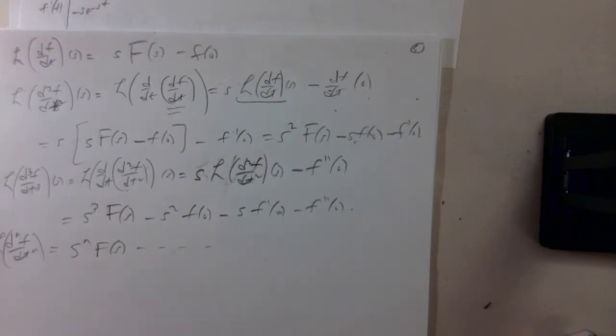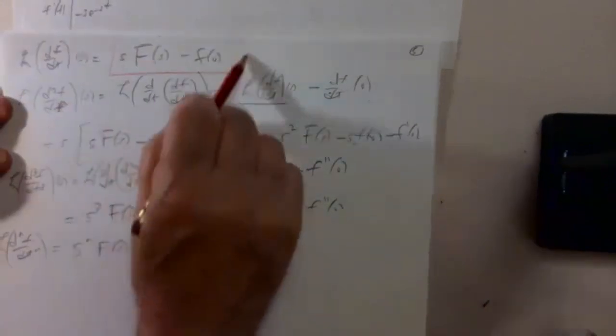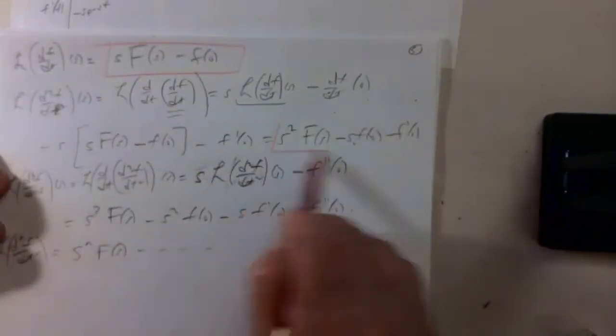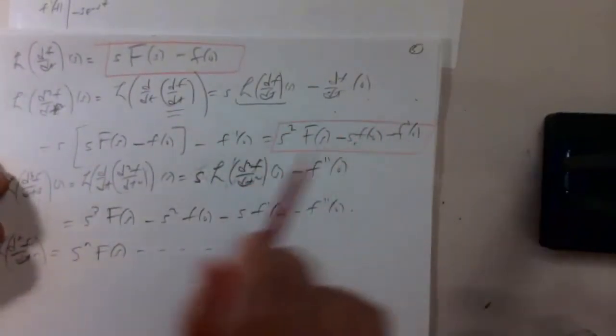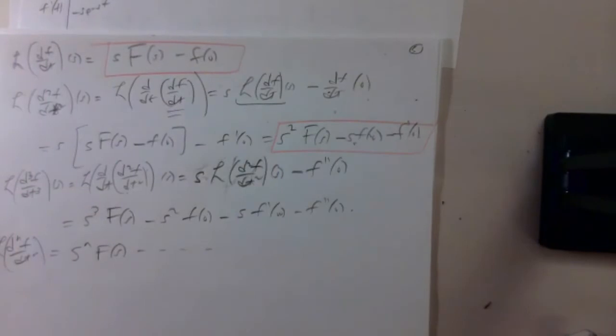So for us, the two important formulas are this for the first derivative and that for the second derivative. All right. Any questions about this?